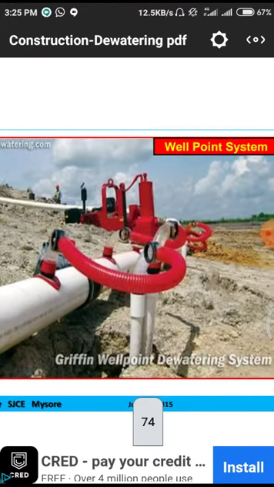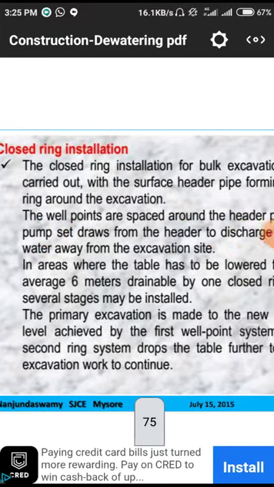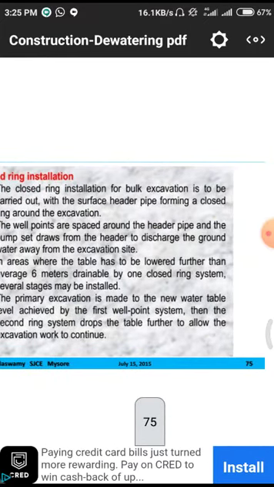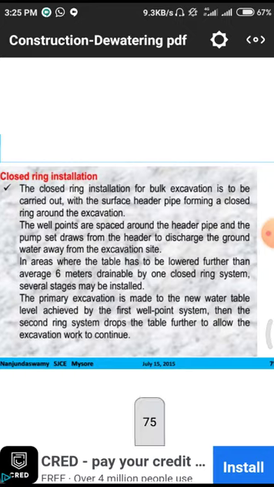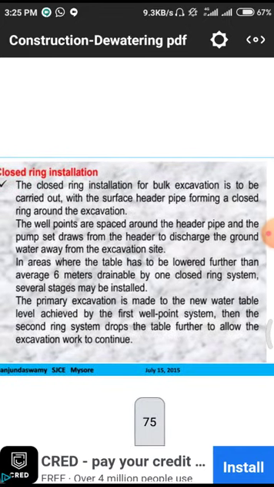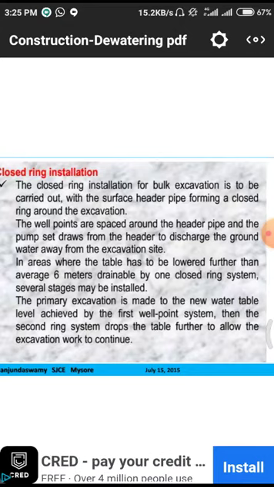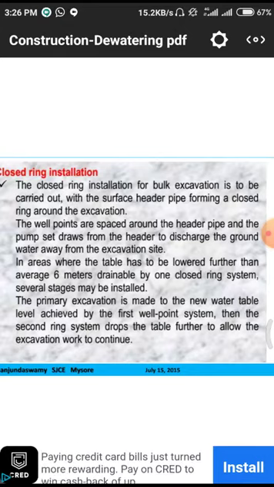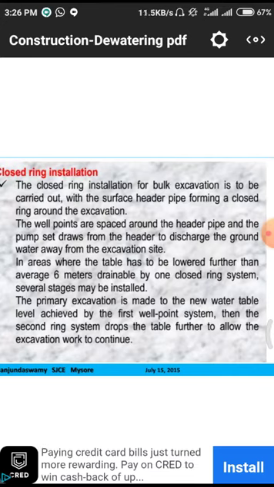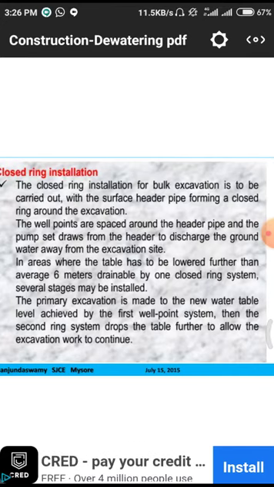This is a Griffin well point for the dewatering system. After that we have this closed ring installation. What is the closed ring installation? The closed ring installation for bulk excavation is carried out with the surface header pipe forming a closed ring around the excavation.